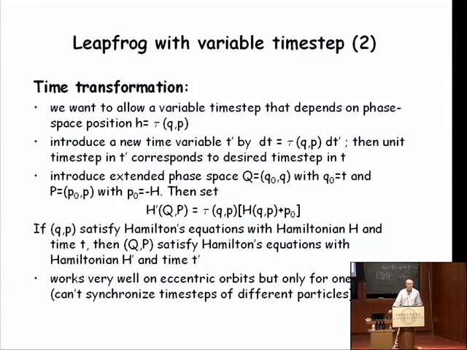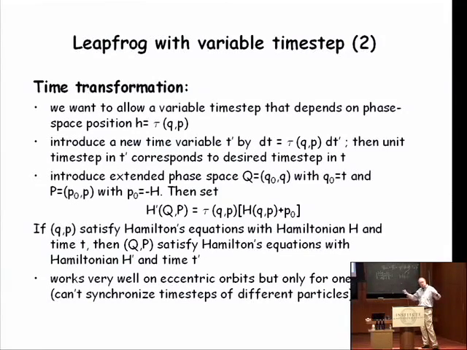No, the problem with the variable time step is that you'd like to have individual time steps for different particles. If a particle is out at 500 astronomical units, you'd like it to have a larger time step than one that's in at a tenth of an astronomical unit.